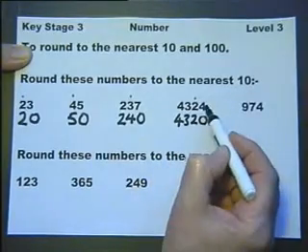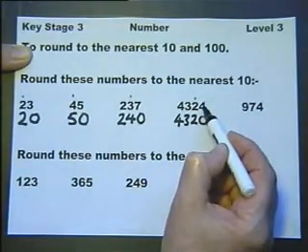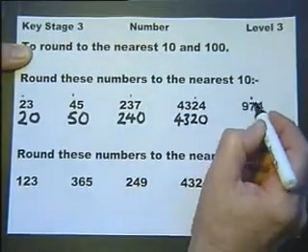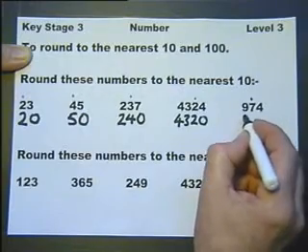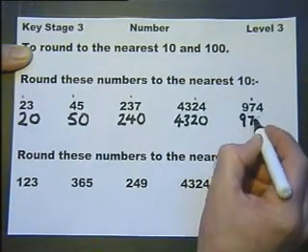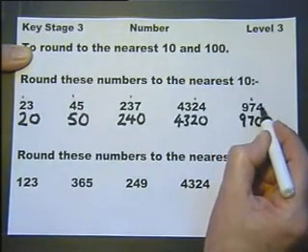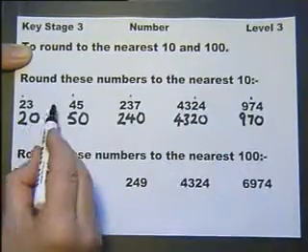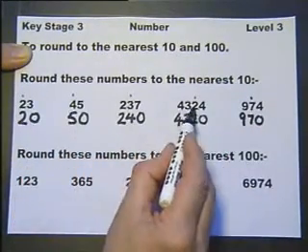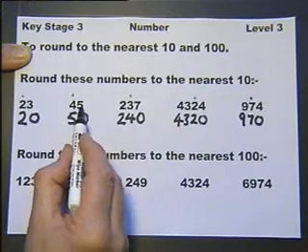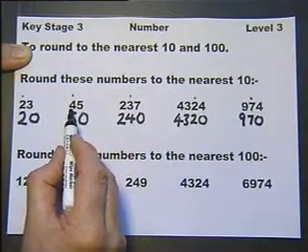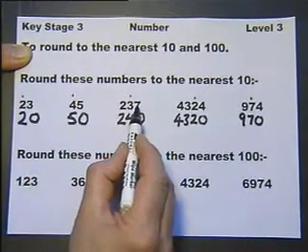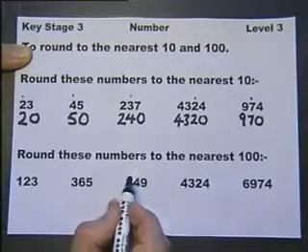It doesn't round up because this number is not 5 or more. The 7 is in the tens column. So it's 970 because this number is not 5 or more. So in other words, you look at the tens column, and if the next number is 5 or more, you round it up by 1.